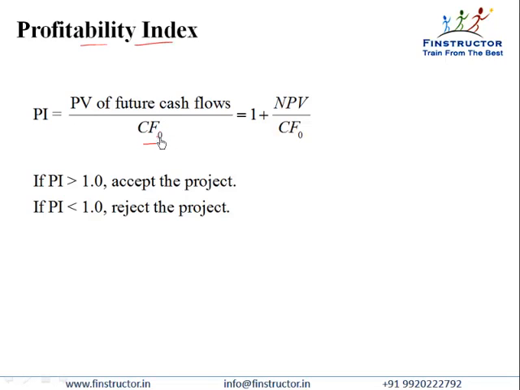So assuming it is a conventional project, the NPV is nothing but the present value of the future cash flows, which are inflows, minus the initial cash outflow. So the present value of inflows can be written as the NPV plus the initial cash outflow.